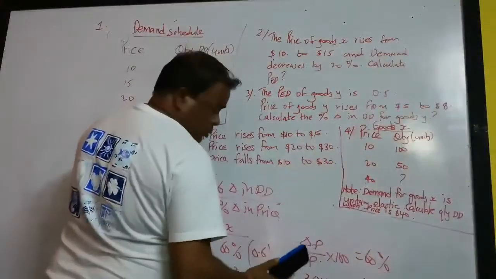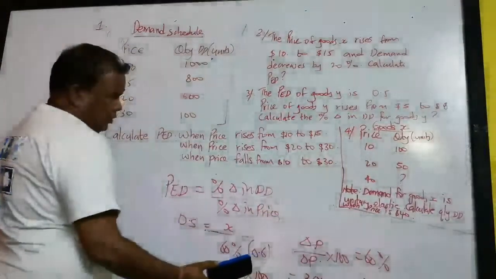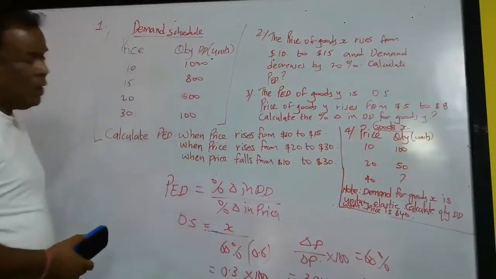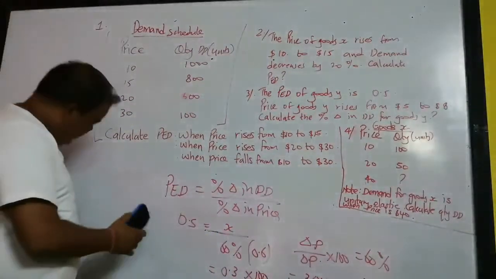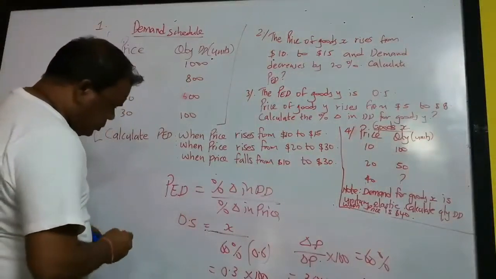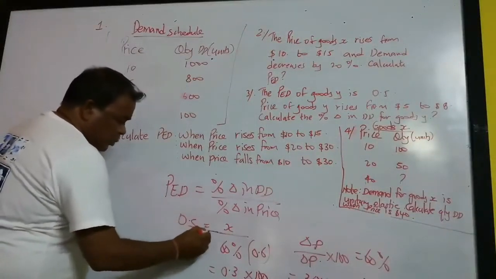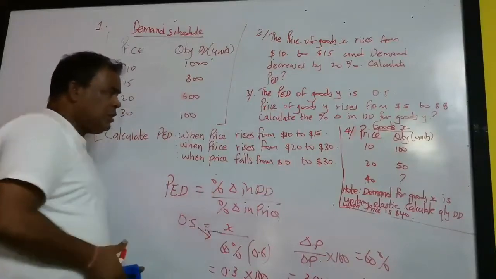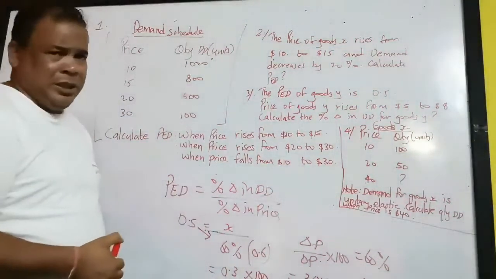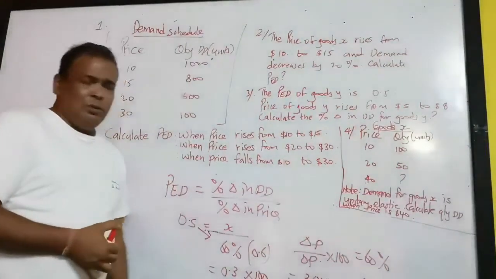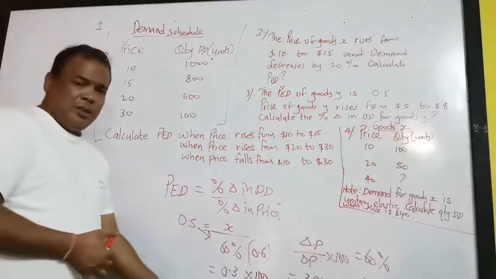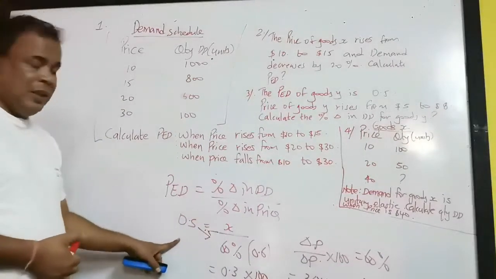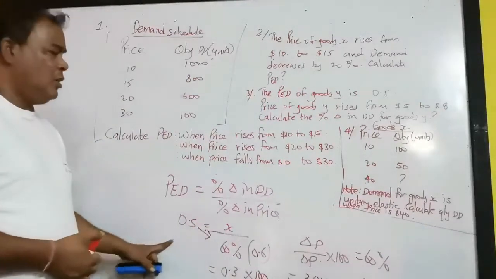Change in price 5 to 8, 3 over original 5. This will give us 60%. We replace in the formula 60%, and then we cross multiply, 0.5 times 0.6. This will give us 0.3. Since we need the answer in terms of percentage change in demand, we have to multiply by 100. This will give us 30%. Then we replace in the formula 30 over 60. This will give us the answer 0.5.